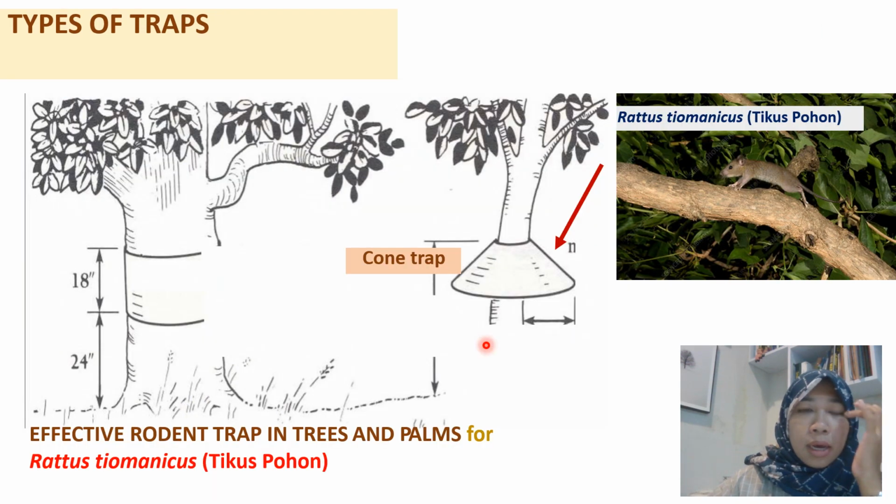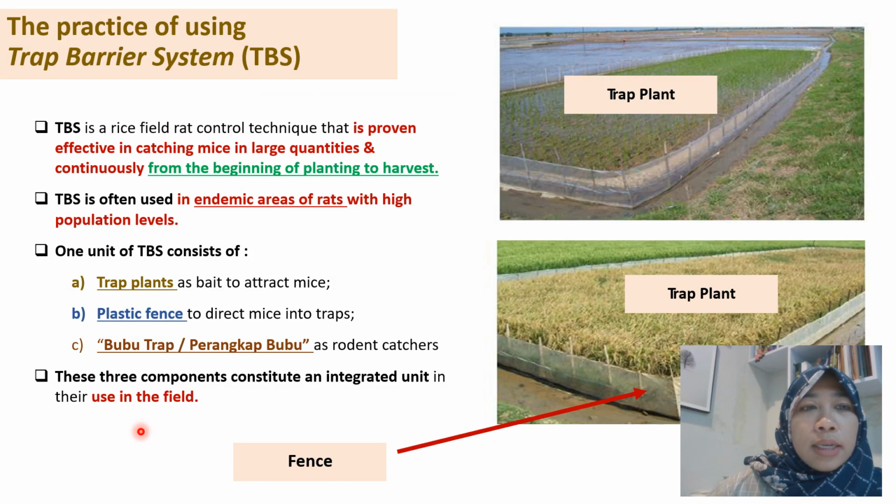And then another trap is called the cone trap. The cone trap can be used to catch Rattus tiomanicus, the wood rat. Yeah, this is the wood rat.